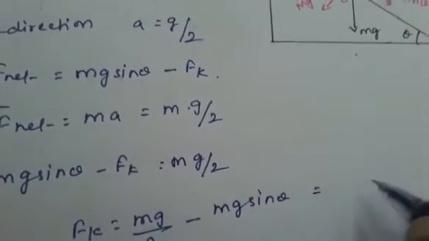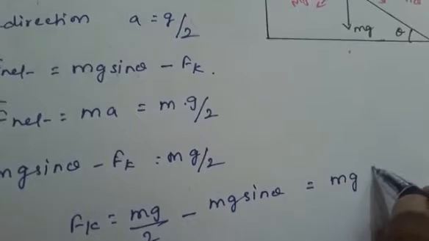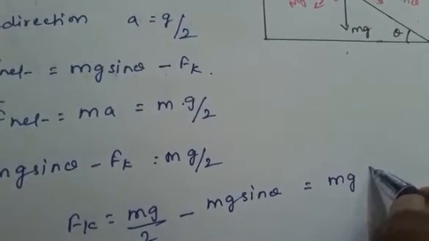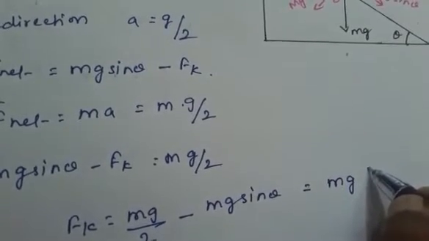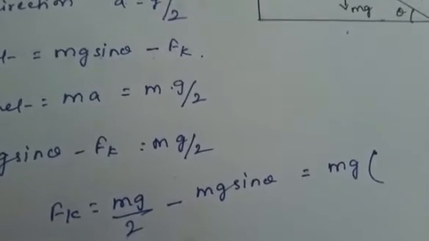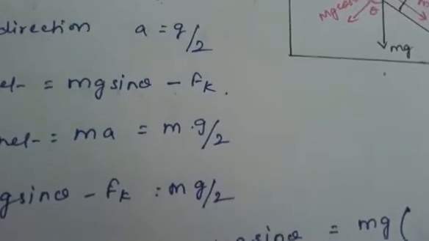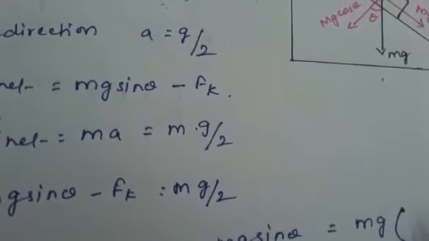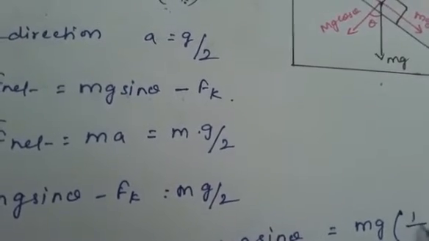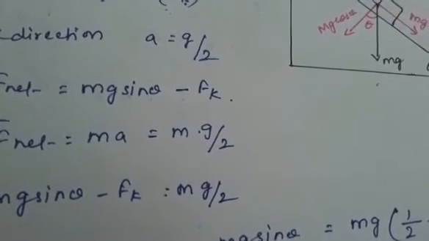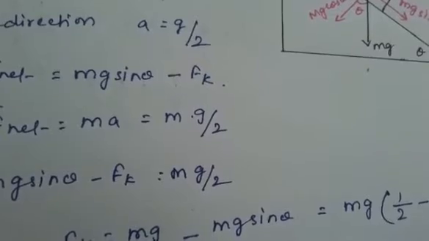This can be written by taking mg outside: mg into 1 by 2 minus sin 60.